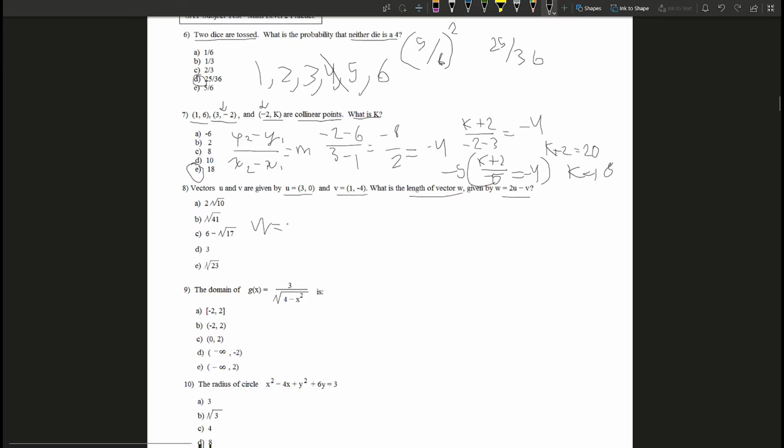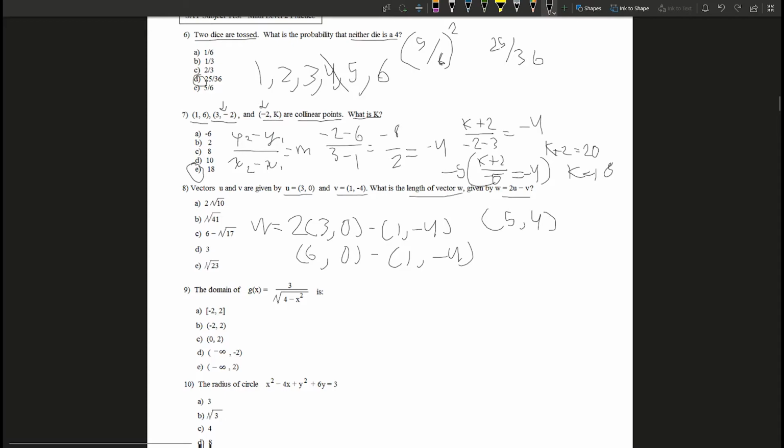So w equals 2 multiplied by 3, 0 minus v, or rather minus 1, negative 4. So this is going to be 6, 0 minus 1, negative 4. And then when we distribute this negative sign, and then we add these together, we're going to get 5, 4.